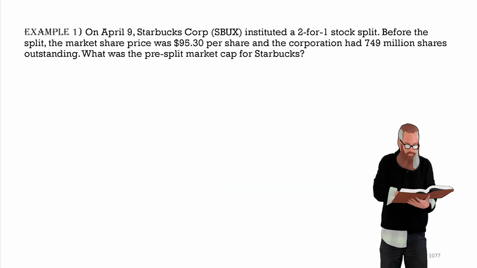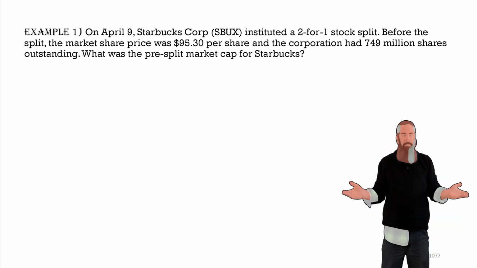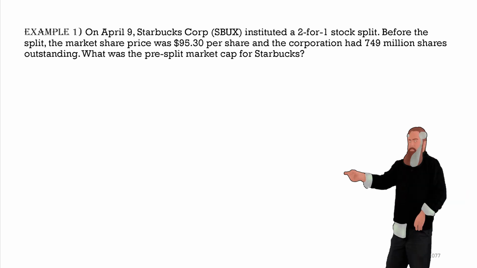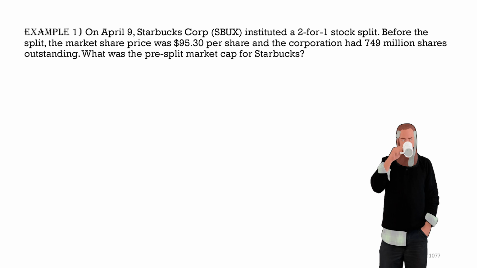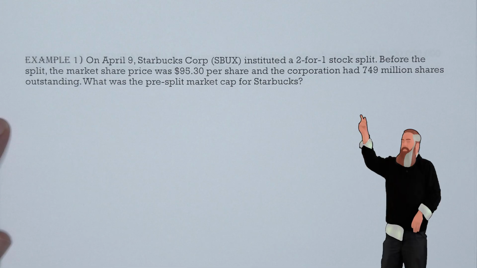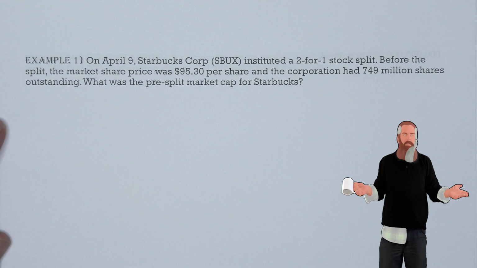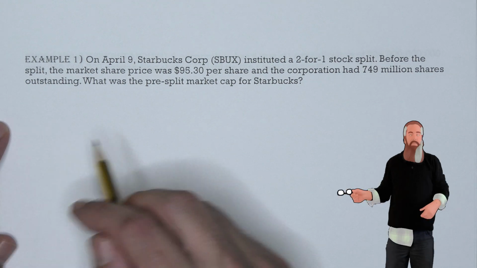On April 9th, Starbucks Corporation instituted a 2-for-1 stock split. Before the split, the market share was $95.30 per share. The corporation held 749 million shares outstanding. What was the pre-split market cap for Starbucks? The market cap before the split is determined by multiplying the number of outstanding shares by the market price.